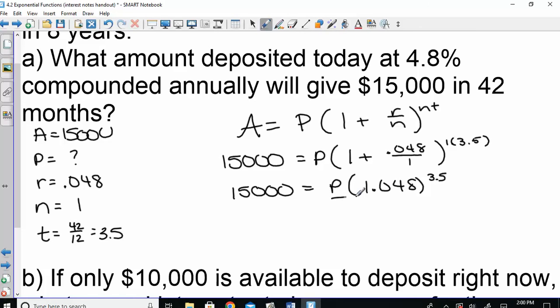So you can just put it all in your calculator at once. That way you don't have rounding error. So you're just going to type in 15,000 divided by 1.048 to the 3.5 power. So this is my principal, my starting amount.